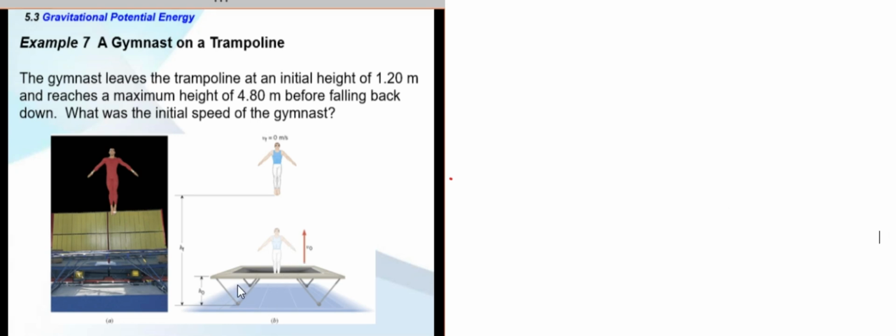Now this is the illustration. This is the trampoline with an initial height of 1.20 meters. Let's say this is the level of the trampoline and this is the ground.